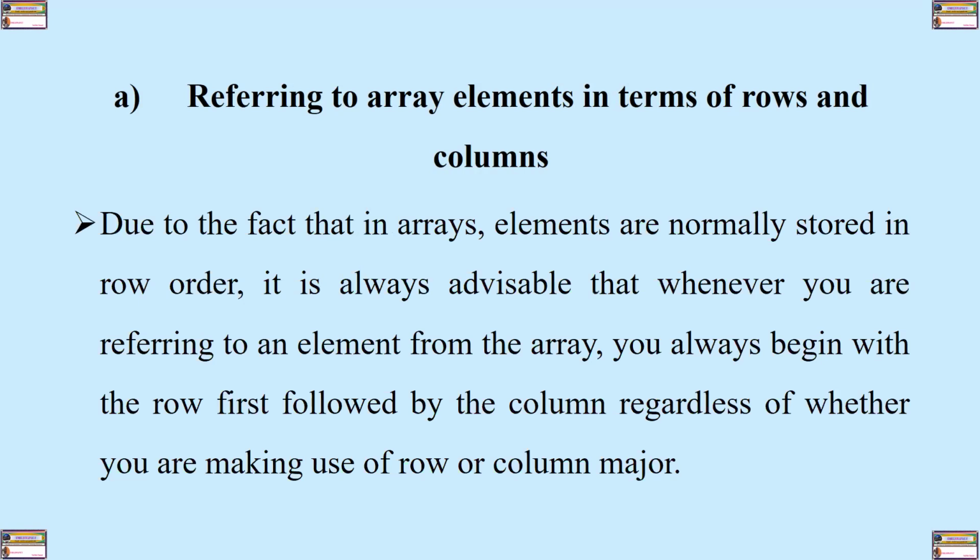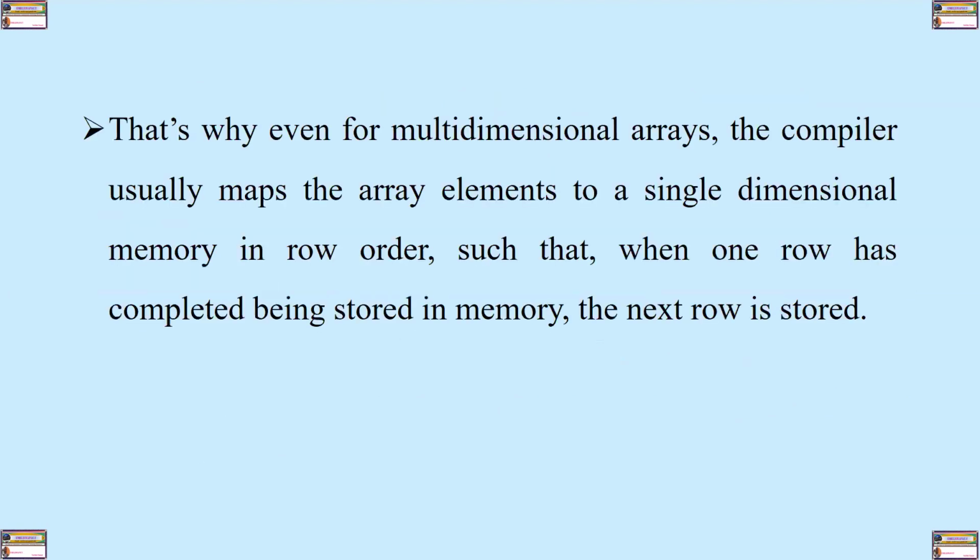Due to the fact that in arrays, elements are normally stored in row order, it is always advisable that whenever you are referring to an element from the array, you begin with the row first, followed by the column, regardless of whether you are making use of row major or column major.